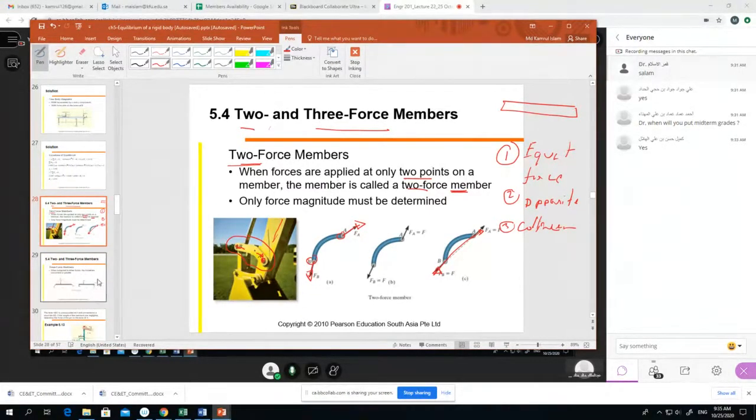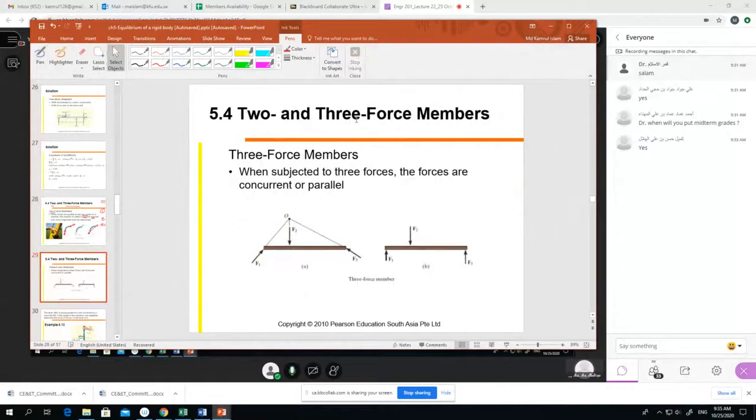And another one is the 3 force member. When subject to 3 forces, the forces are concurrent. If the member has 3 forces, like in this example, and the lines of action of the forces meet at one point, then we say it is a 3 force member.